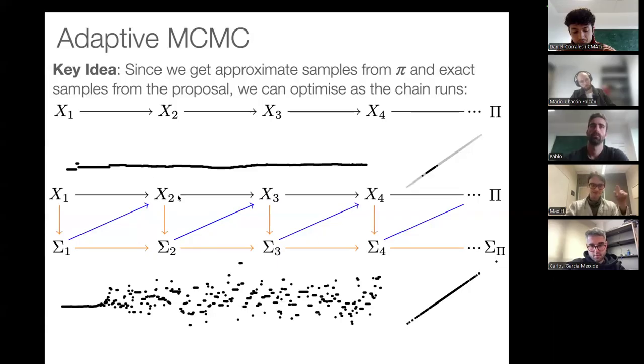And therefore the states are going to look closer to the target distribution. So you have better states, meaning better tuning parameters, which mean better states, and the cycle improves itself in this way.